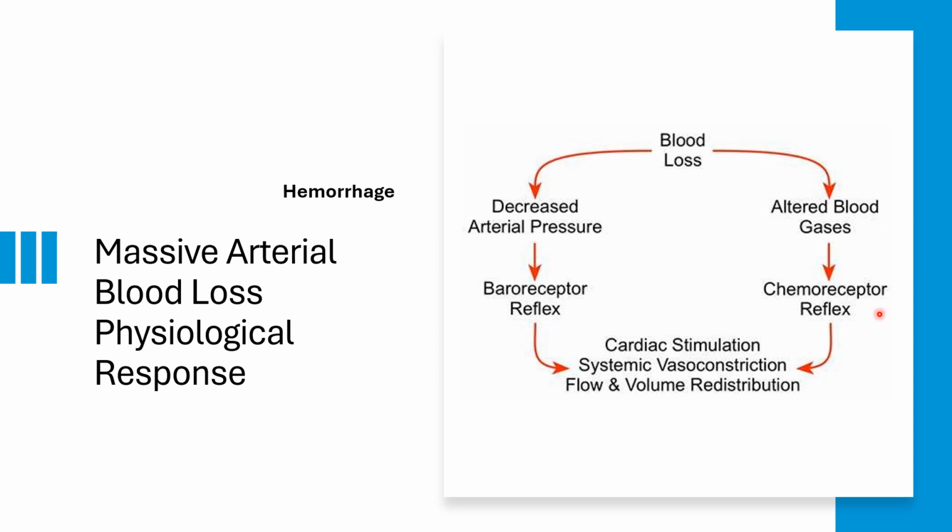So that's going to cause a chemoreceptor reflex. And then you have decreased arterial pressure, okay, because that artery is opened up to the outside, so the pressure goes down as the blood flow diminishes because you're losing it to the outside of the body. And that's a baroreceptor response from the nervous system.